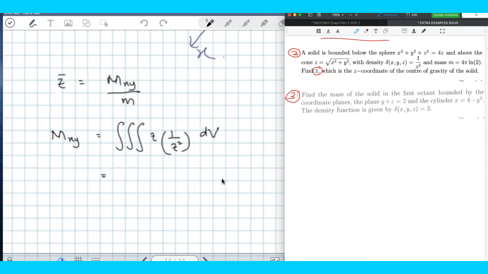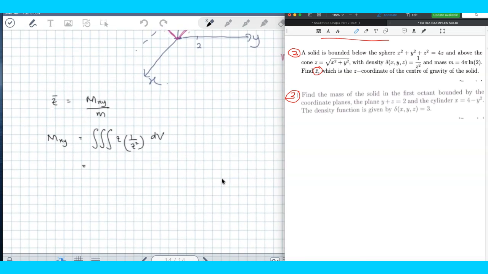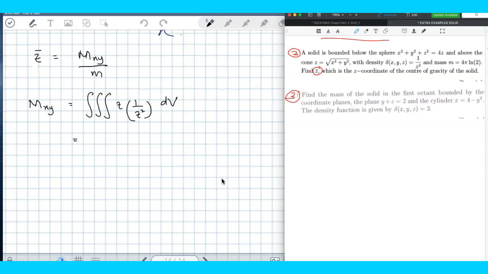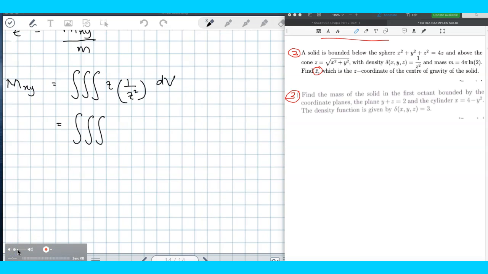Okay, so in this case we use spherical coordinates. So rho squared sine phi d rho d phi d theta.